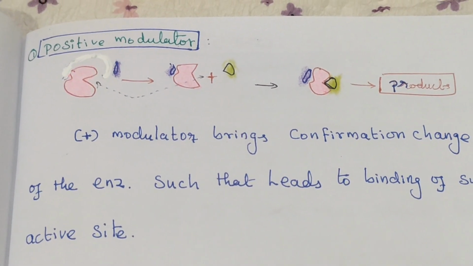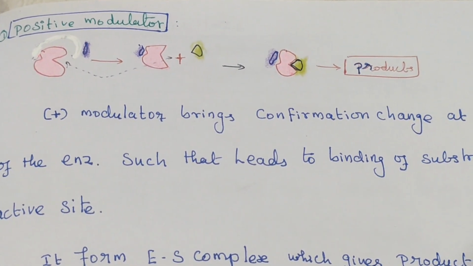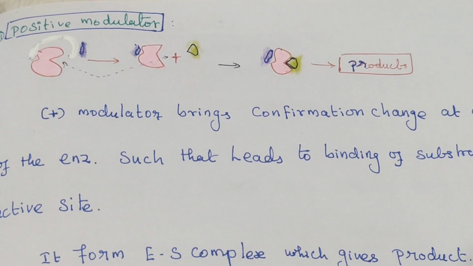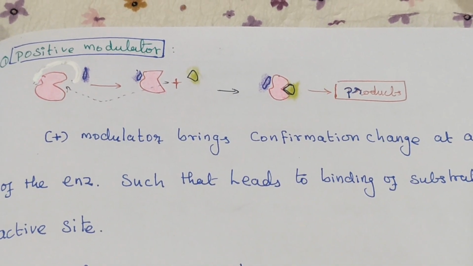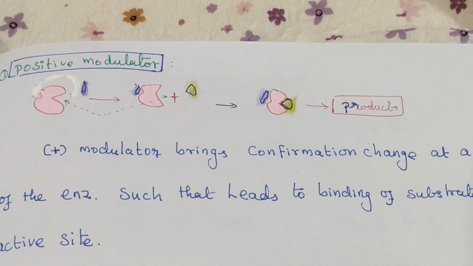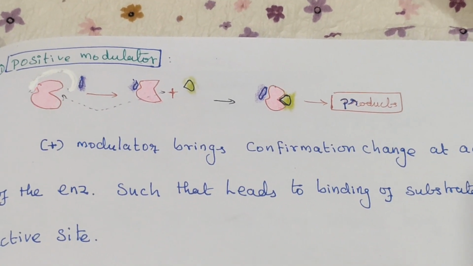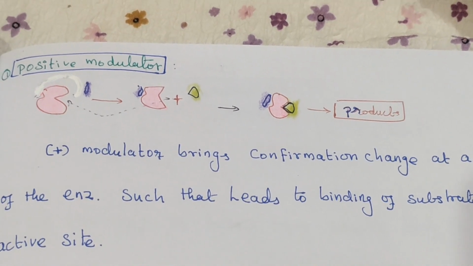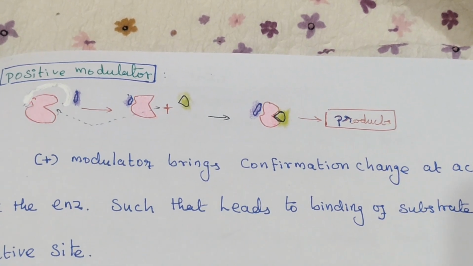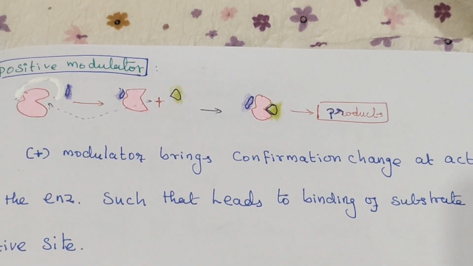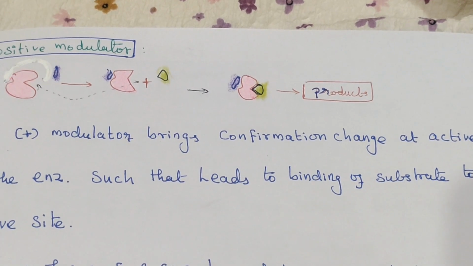Now coming to details about each modulator. First one is the positive modulator. What happens to enzyme activity in the presence of a positive modulator? The positive modulator brings about a conformation change in the active site of the enzyme, such that it leads to binding of substrate to the active site.